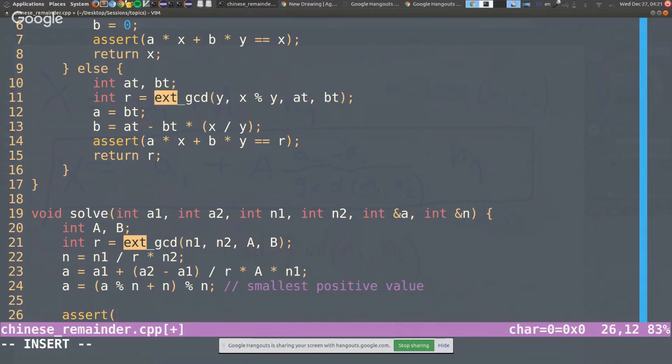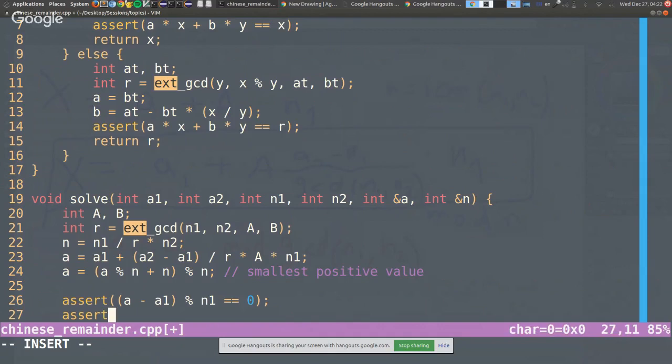We could indeed get the right transformation. So here A and A1 should be congruent modulo N1, and also A and A2 should be congruent modulo N2.